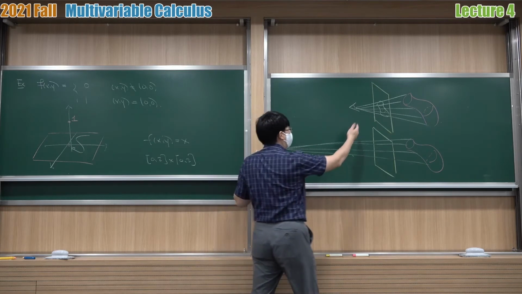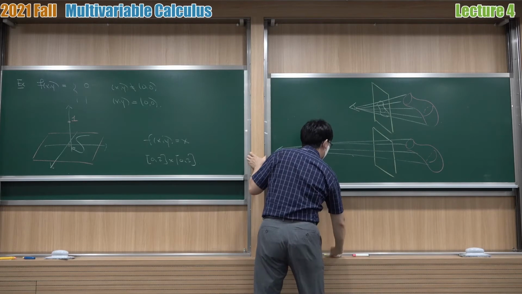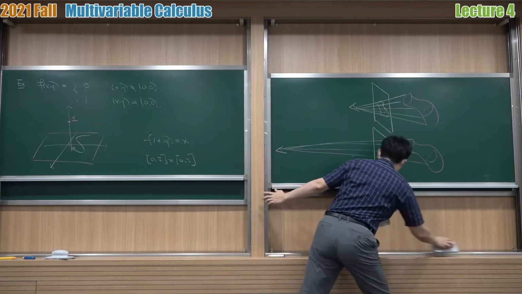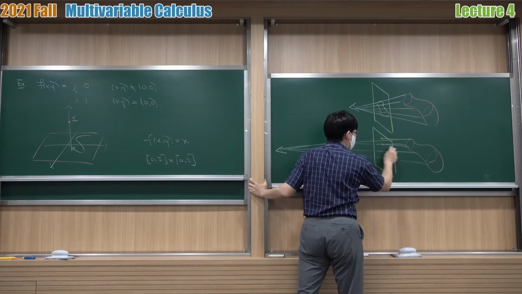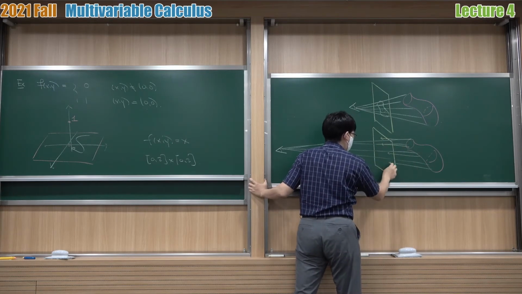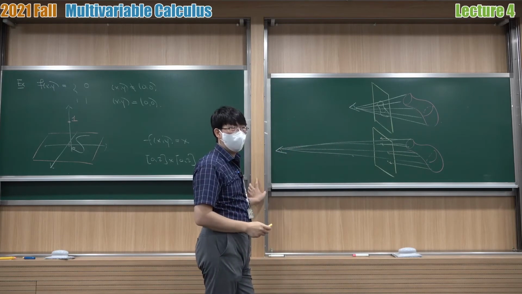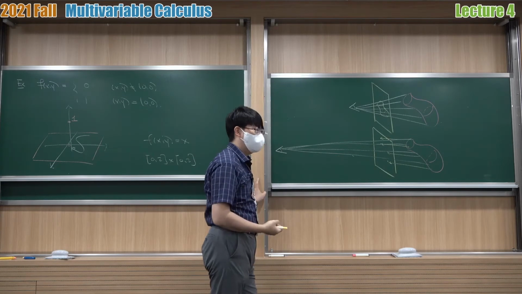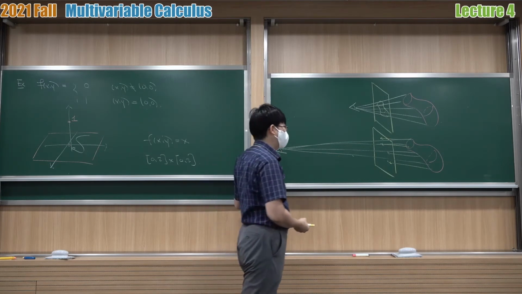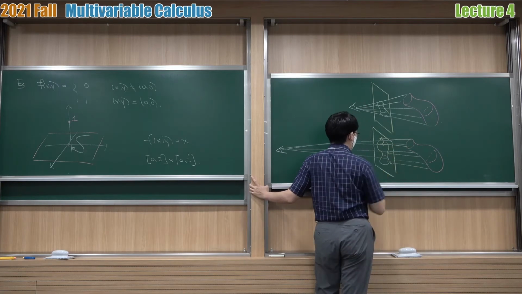So instead of taking these intersections, I can just take the projection of the points onto this two-dimensional canvas. Just simple projection in an orthogonal way. So you have this kind of figure here.